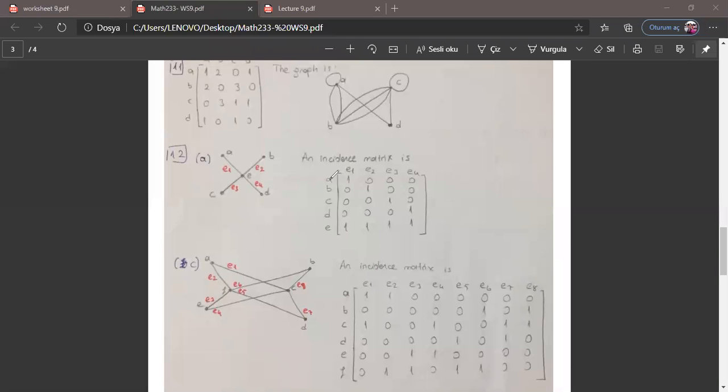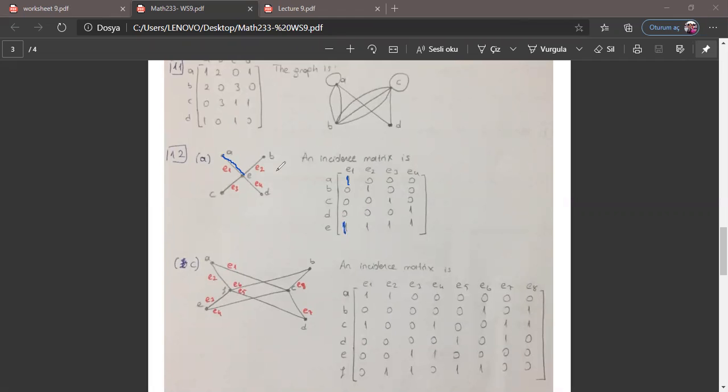So we have one there. E1 connects A to another vertex, so we have one there, and B is not a starting point or ending point of E1, so there's 0, 0, 0, and finally E connects E and A, so we have one there, okay?